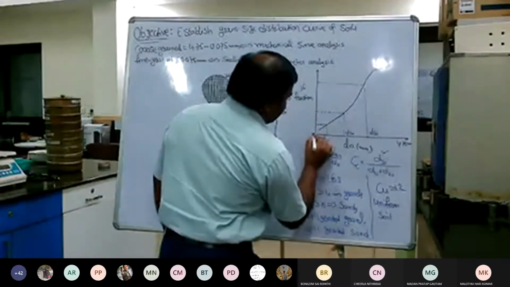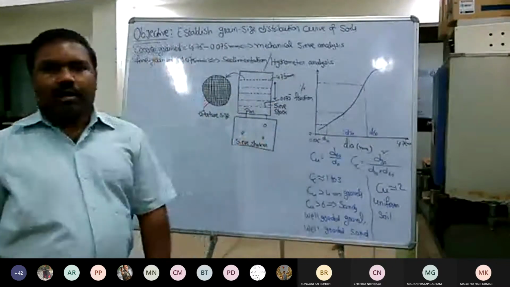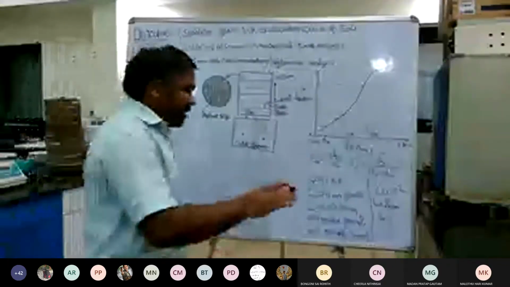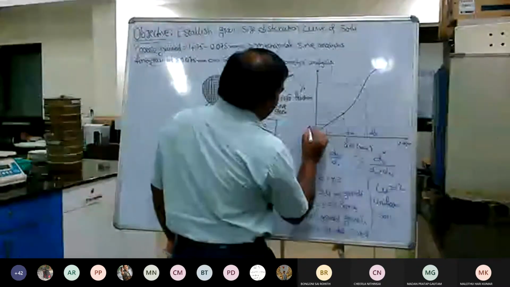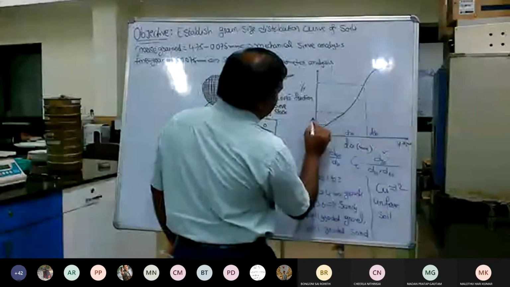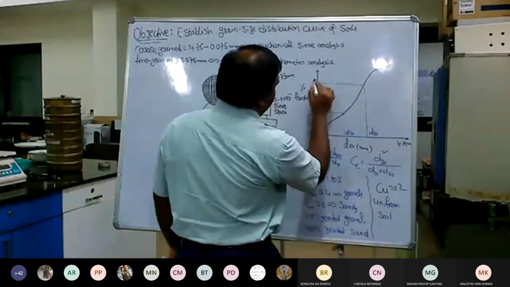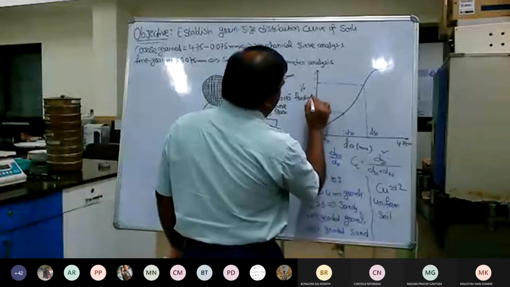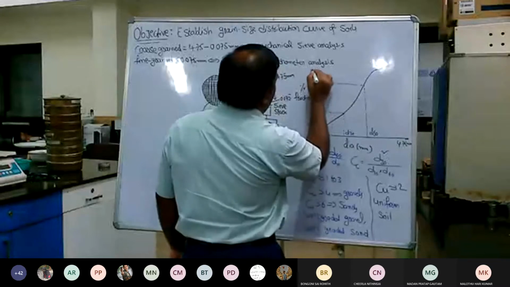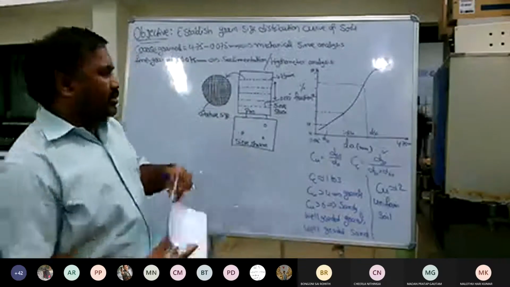While on the y-axis, it is concerned with the percentage fraction, or the percentage of the particles passing through particular sieves. So here we can take different percentages, starting from 0, 10, 20, 30, 40, 50 and up to 100%.